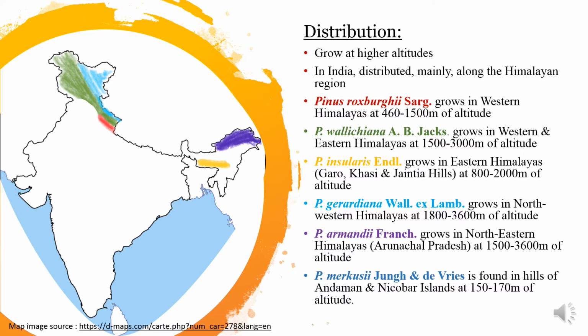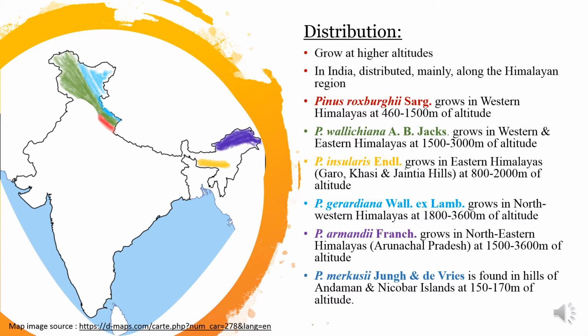It is found along western Himalayas extending to Bhutan and eastern Nepal region at 460 to 1500 meters of altitude. Second is Pinus vallisiana and is common in western Himalayas in Kashmir Valley, Shimla, Chakrata and Mussoorie, and extends towards eastern Nepal region at altitudes of 1500 to 3000 meters.